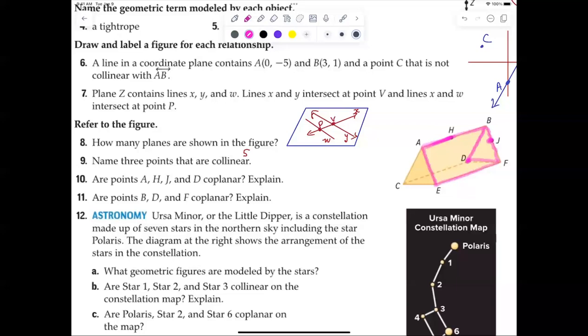Okay, so now let's look at B, D, and F. Are B, D, and F on the same line? No. So they're automatically coplanar, right? Now here's what people don't understand. If I said B, C, E, are those coplanar? Everybody says no, and everyone is wrong. Because it's the line. Listen to me, I know it's tricky, but please pay attention.